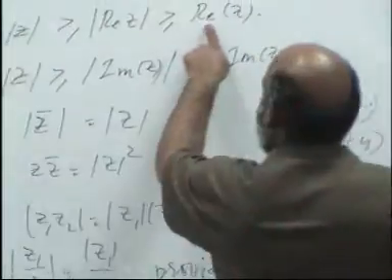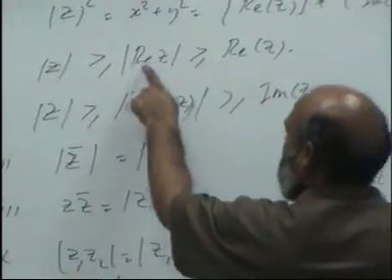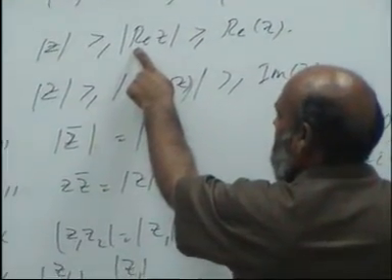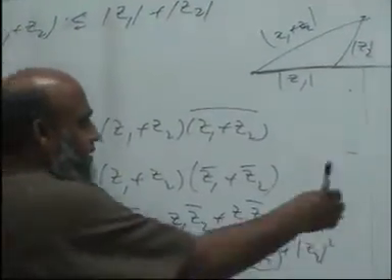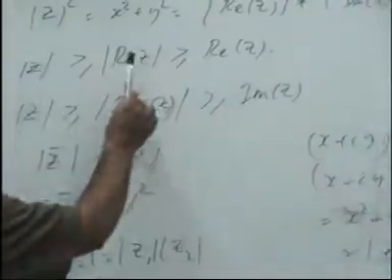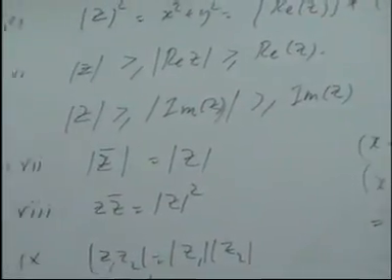Look at this: real of z is less than or equal to the magnitude of z. So if we replace this with this, the whole thing will be less than.